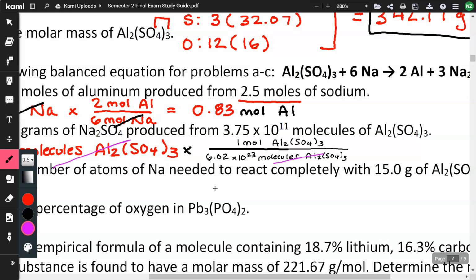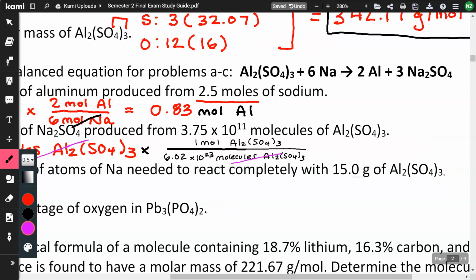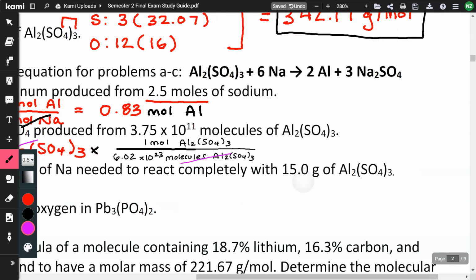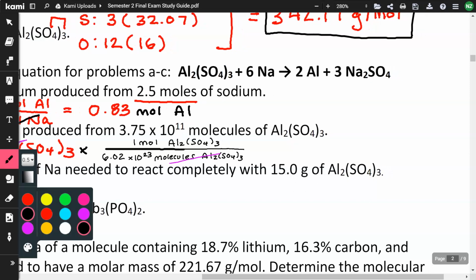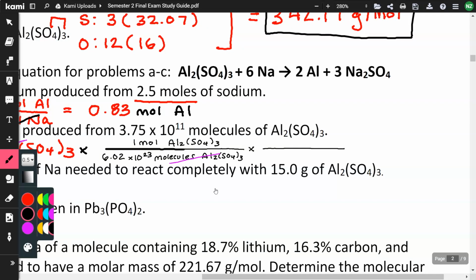So now we're in moles of Al2SO4, and it's asking us to go to grams of Na2SO4. All right, so our next step is to take those moles and do a mole ratio.